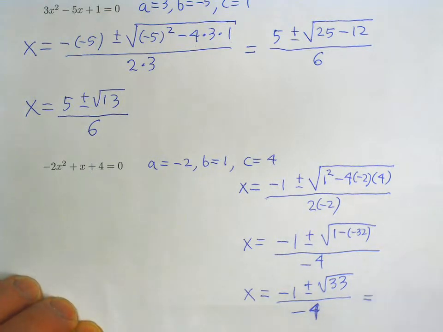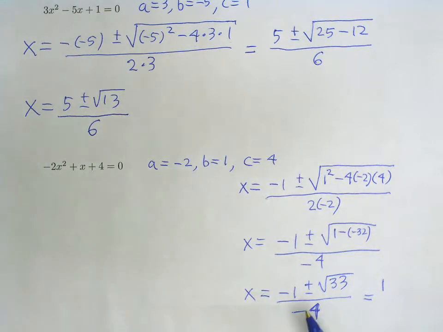Okay, so think about what happens if you multiply every term in the numerator by -1. -1 times -1 is 1. And one of the solutions involves adding the square root of 33. So if you multiply that by -1, you're subtracting the square root of 33. Then for the other solution, we're subtracting the square root of 33, but if you multiply by -1, it amounts to adding the square root of 33.